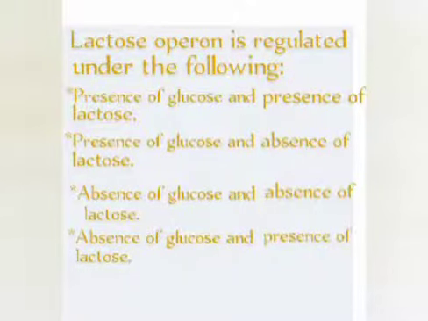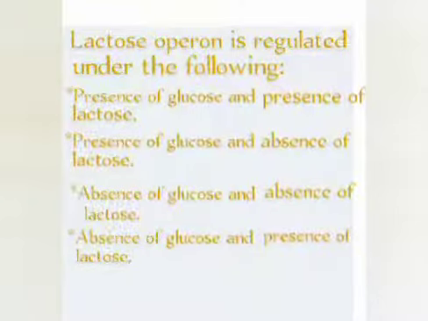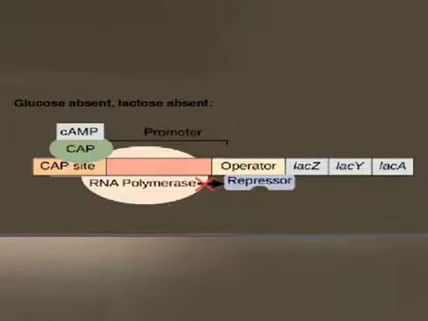Absence of glucose and absence of lactose. The absence of lactose causes the repressor protein to bind to the operator site. Although cyclic AMP level is high because of the low level of glucose, an activator, catabolite activator protein, is active and builds a complex with cyclic AMP, which subsequently binds to the catabolite activator protein binding site on the Lac operon.